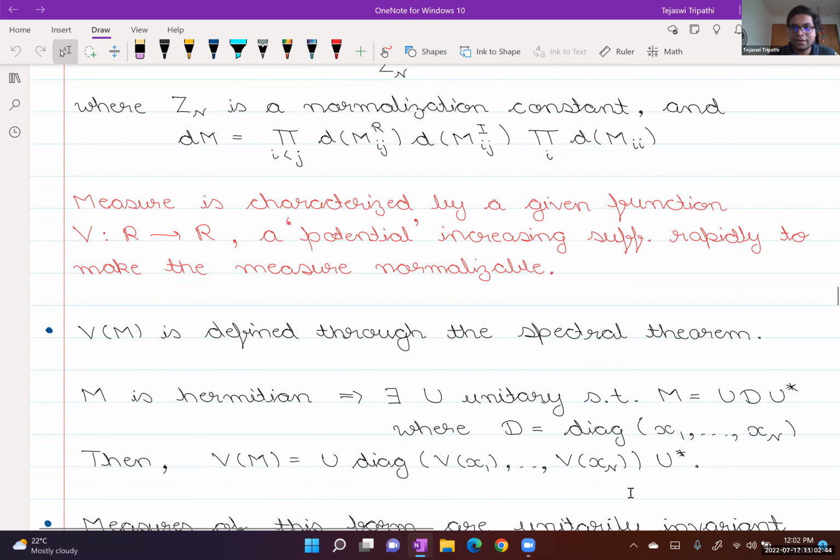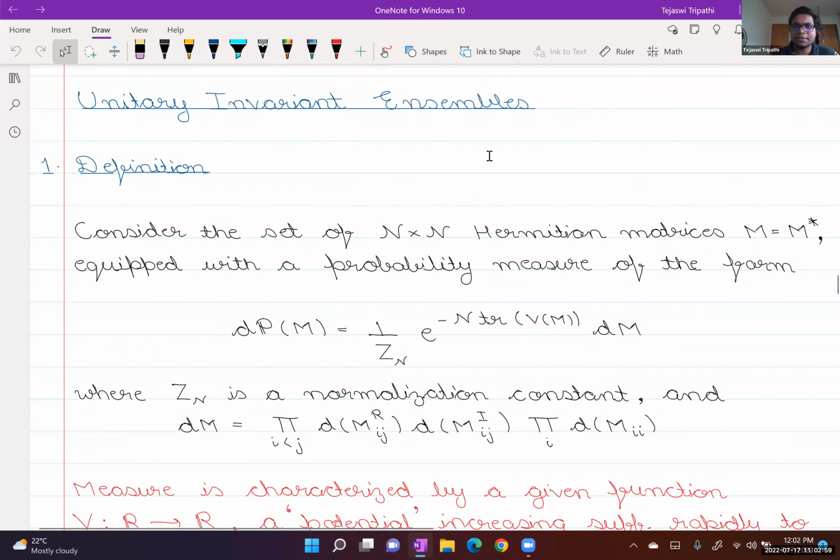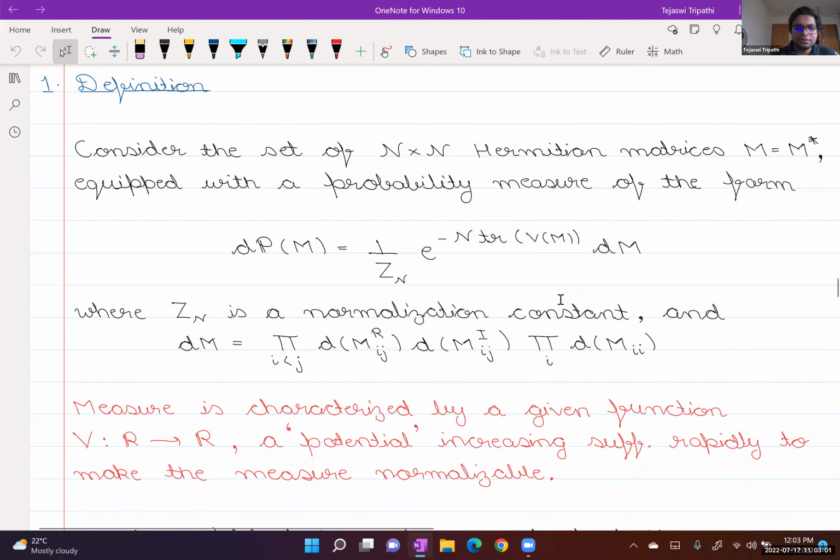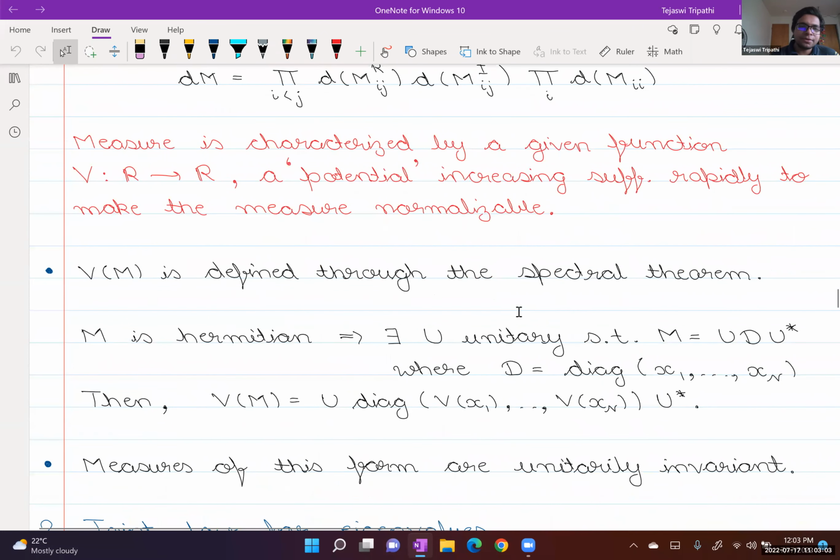Is this clear? So we have a spectral decomposition and we apply V to D and then U V(D) U star. Last time I showed why these are called unitary invariant ensembles. They are called unitary ensembles because if you conjugate by a unitary matrix, the measure remains the same.